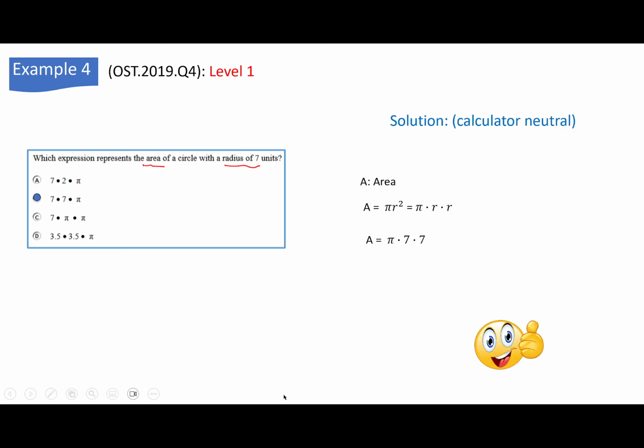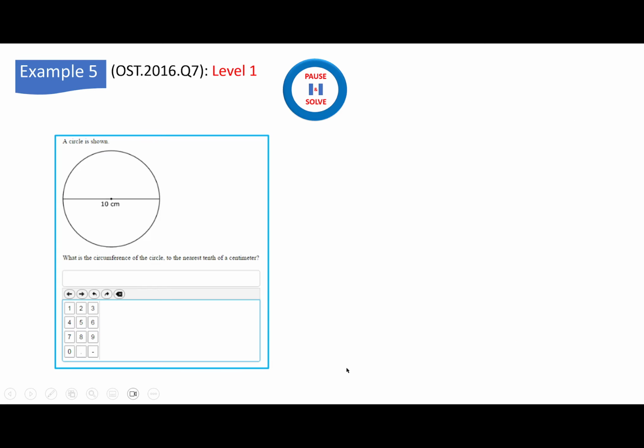Example 5. A circle is shown. What is the circumference of the circle to the nearest tenth of a centimeter? So again, now you need the circumference.